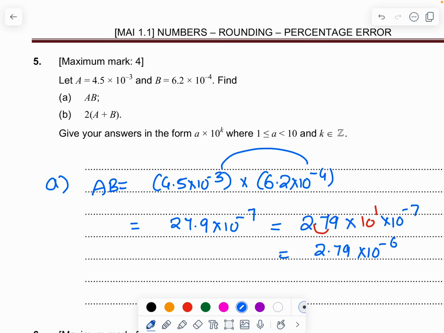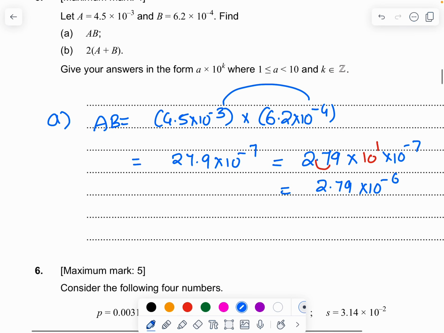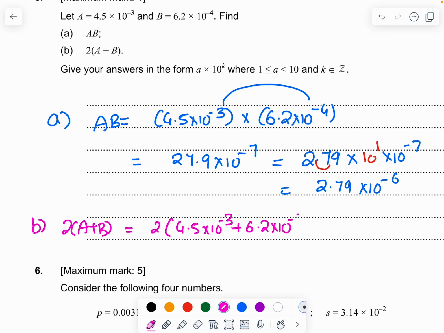So the next, part B, 2 times of A plus B. So 4.5 times 10 power negative 3 plus 6.2 times 10 power negative 4. What am I going to do? I am going to write 2 times of 0.0045 plus 0.00062.